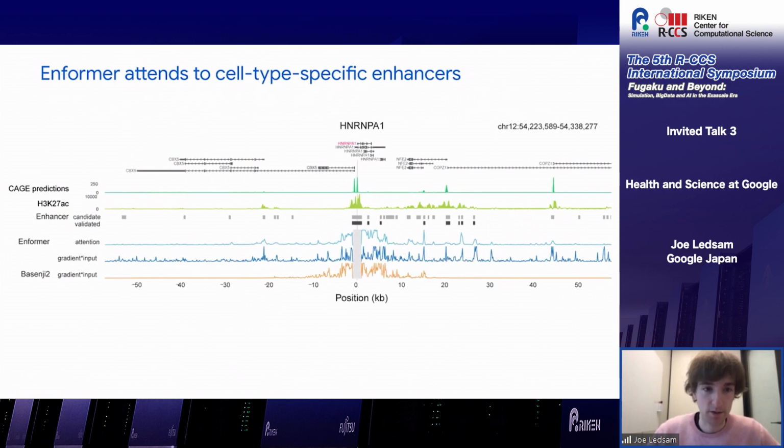We center this around the gray area in the middle of the image, and we can see the Enformer peaks in blue correlate quite nicely to the actual known enhancers in gray and black here. This can give us scores of how likely a particular area is to be an enhancer, and potentially that can be useful in future work to identify new enhancers.